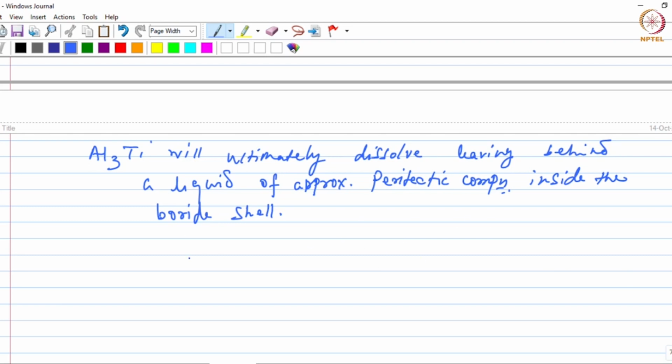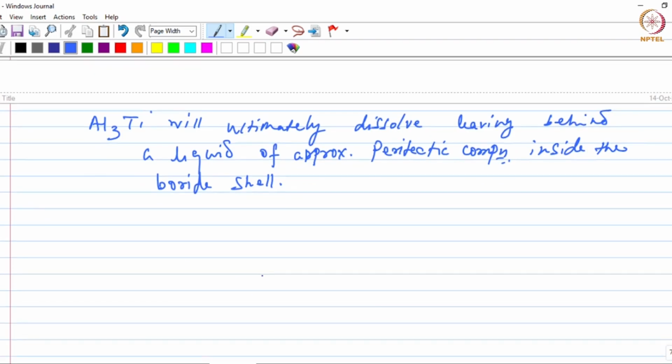Now there are some limitations for this theory as well. For this to be true, the formation of this shell over the Al3Ti particles, the grain refining efficiency should decrease with increasing number of melting and solidification cycles.